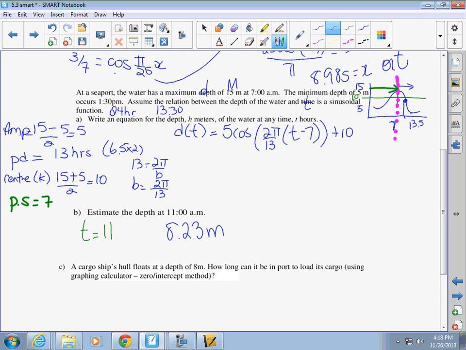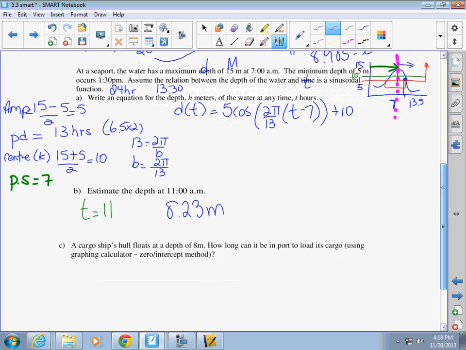So for C, we want to know when it is between, if this is 8 and up, throughout what time. So we're looking at this period in here. Because it'll start at 8 meters, rise up to 15, and then start going back down till it hits 8 and then goes lower and lower.